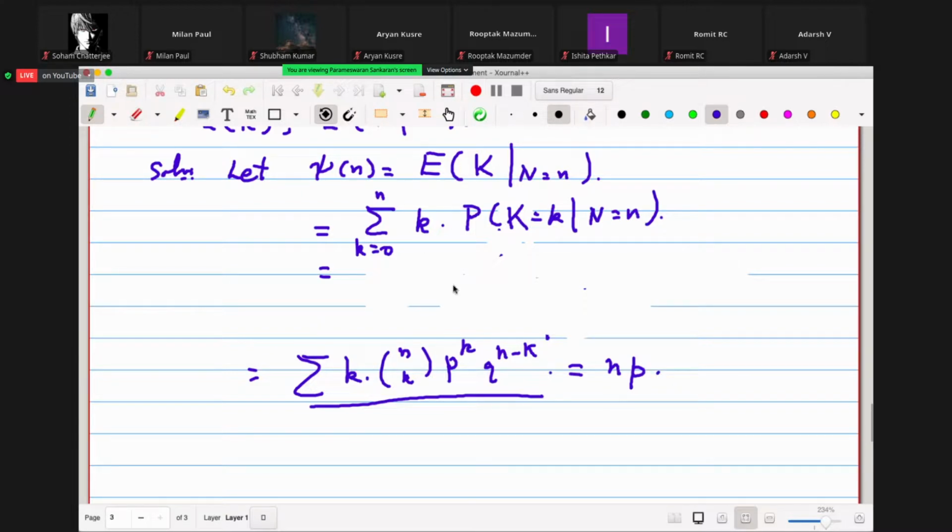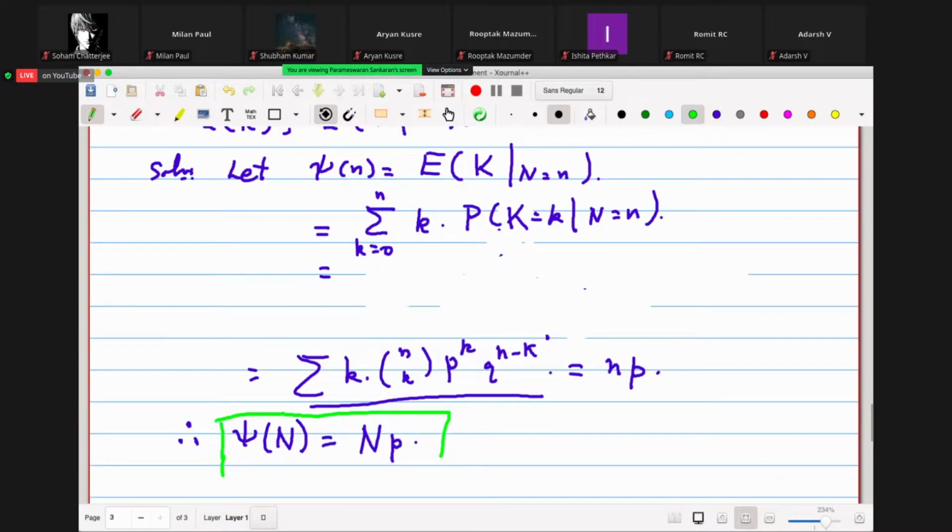And now notice that psi of n is equal to np, and therefore psi of capital N is equal to capital N p. This is a very crucial step, so I just put it in a box.